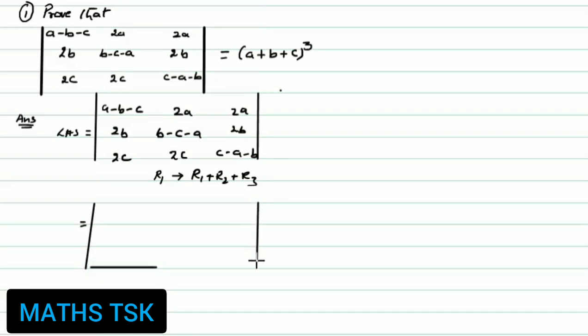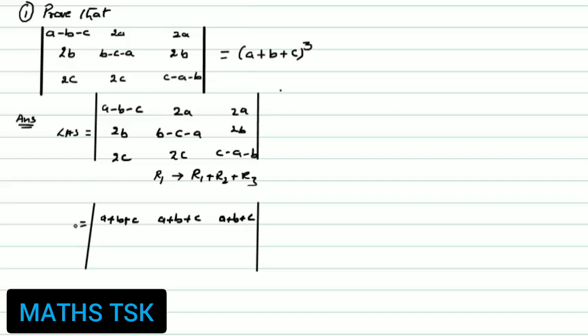This LHS I can write like this. When you add, you'll get a plus b plus c, and when you add like this, it becomes b plus c plus a, that is a plus b plus c. Again, when you add these three terms, you will get a plus b plus c.